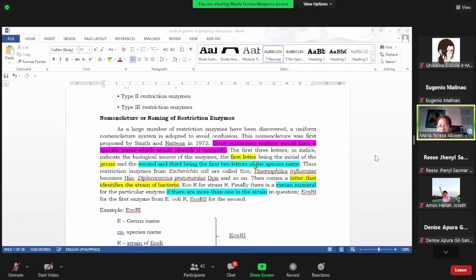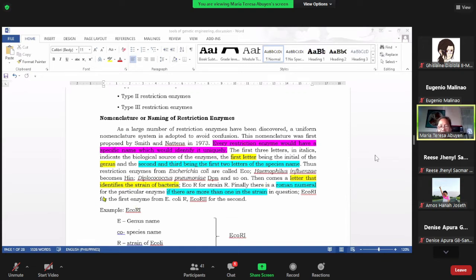The second and third letters come from the species name of the organism: co for Escherichia coli, in for Haemophilus influenzae, pn for Diplococcus pneumoniae. I hope you're following.